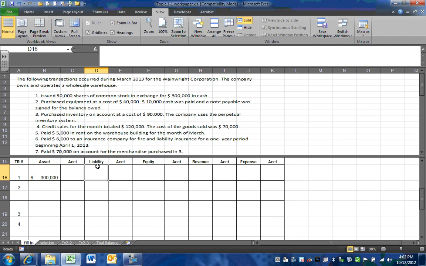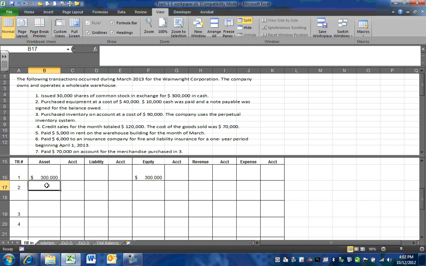Well, we don't owe this money to our owners. Instead, this is what we call paid-in capital. So in this transaction, we have increased assets by $300,000 and equity by $300,000 because these are on opposite sides of the equal sign in our accounting equation. Our entry is in balance.